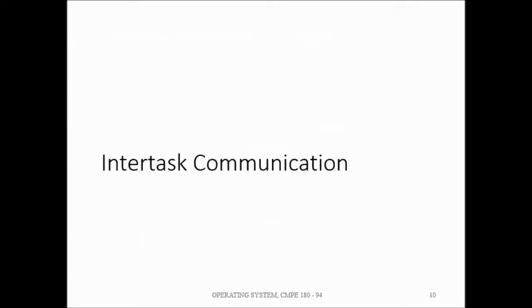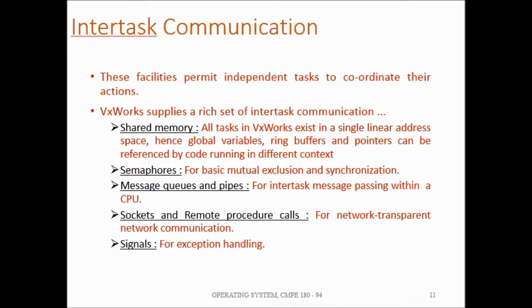The facilities available for intertask communication in VxWorks are shared memory, semaphores, message queues and pipes, sockets and remote procedure calls, and signals. So now let's look into these concepts in detail. Starting with the concept of semaphores.